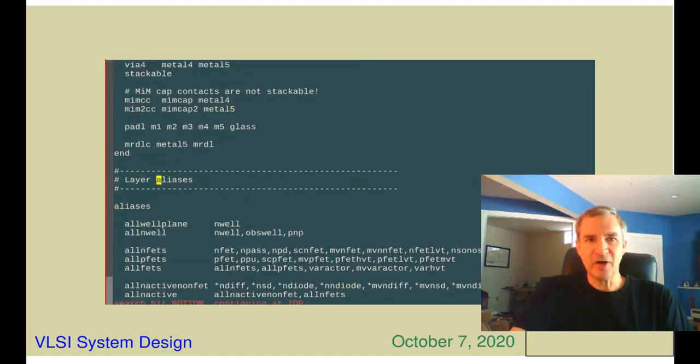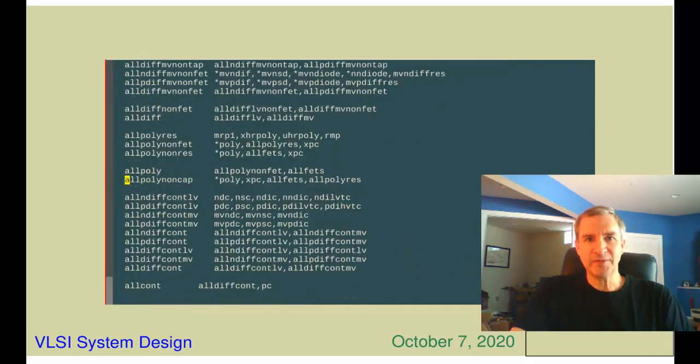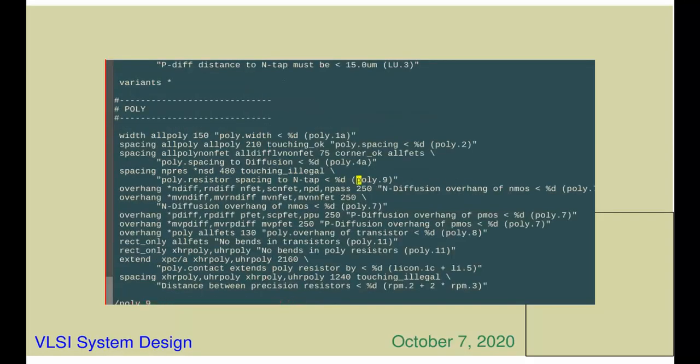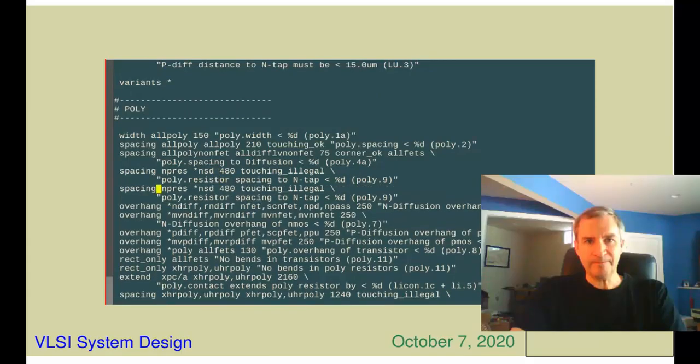And yes, there's all poly non-res, which seems to best fit the rule, so I'll use that instead. There, I've implemented that rule. Then back to the other one and do the same thing. Now save that.